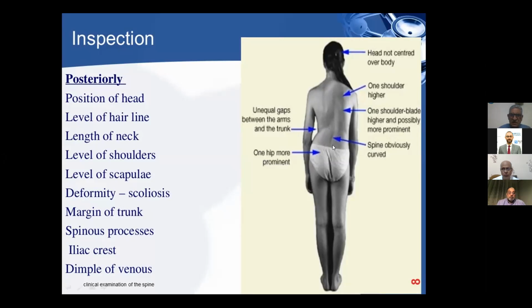A sciatic list may show as listing of the spine to one side or the other, with pelvic obliquity and pelvic tilt, and shortening of one of the limbs. We see the iliac crests or the posterior superior iliac spines to be able to do special measurements from them subsequently.